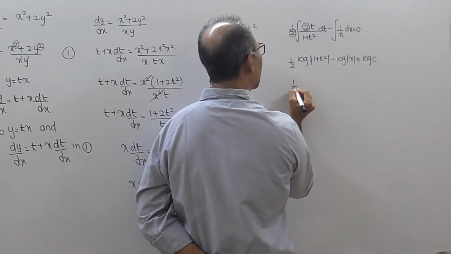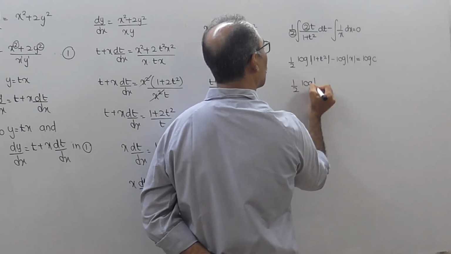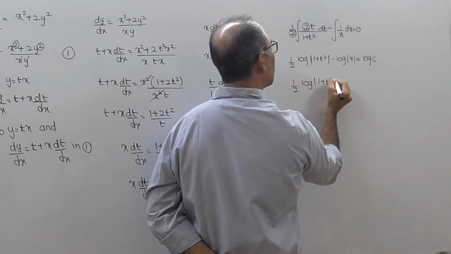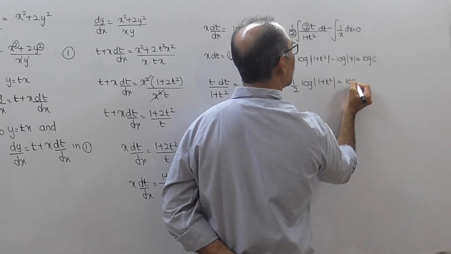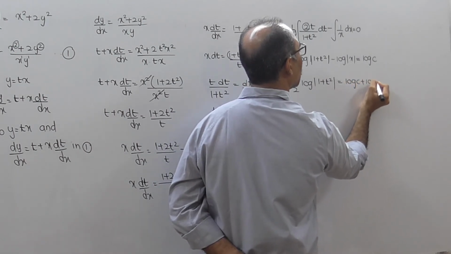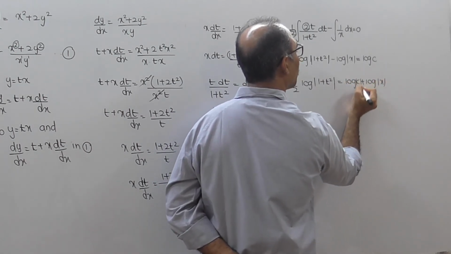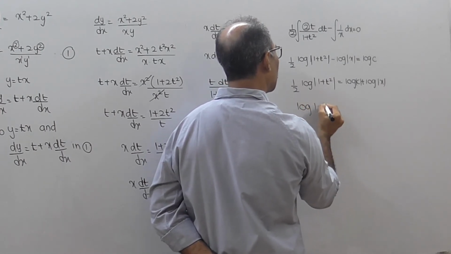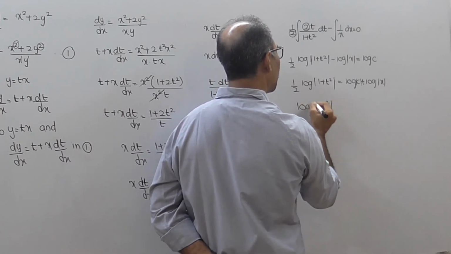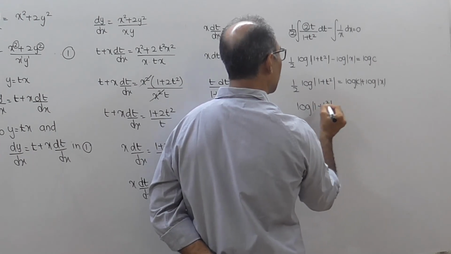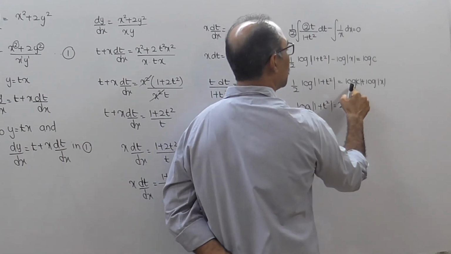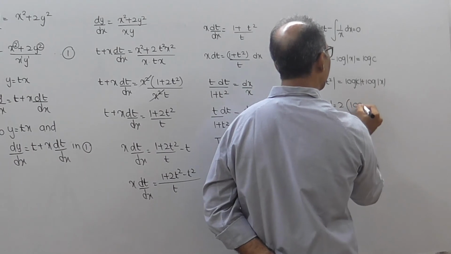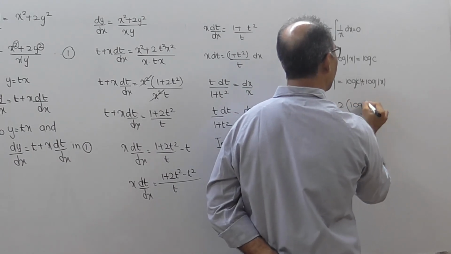Now what I will do is I will write this as half log modulus 1 plus t square equal to log c plus log modulus of x. So this becomes cross multiply log modulus 1 plus t square equal to 2 times, this is log a plus log b, that will become log of ab.